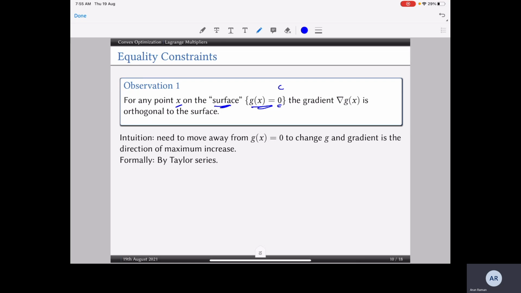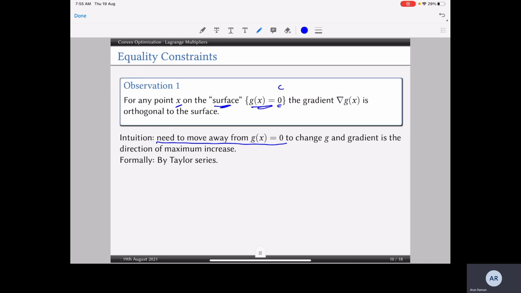So we are basically talking about the level curves. The intuition for why this is true is that if we want to change g, then we need to move away from g(x) equal to 0, and the gradient is the direction of maximum increase. So that is why ∇g(x) is perpendicular.